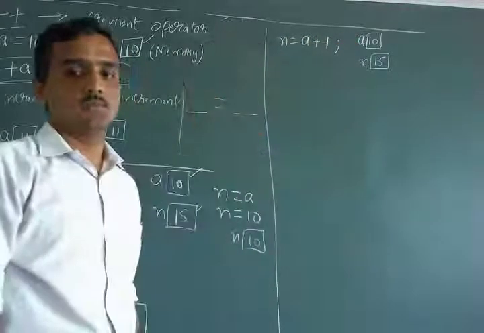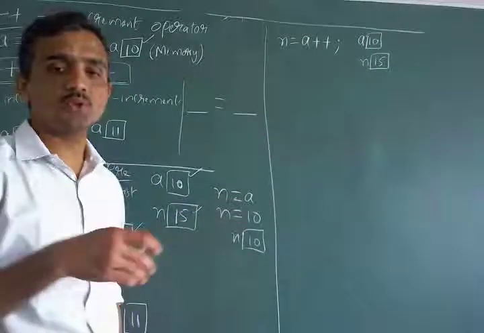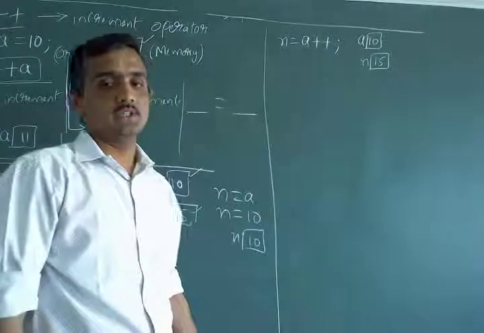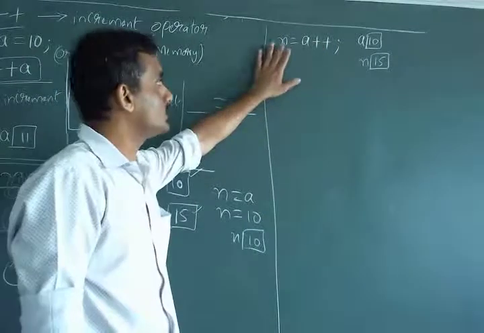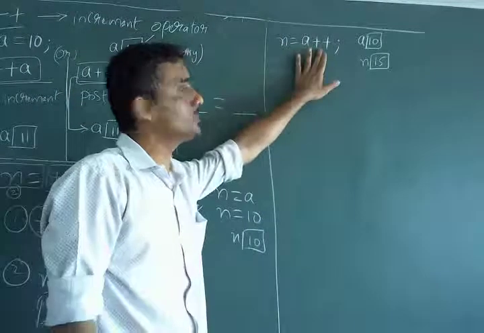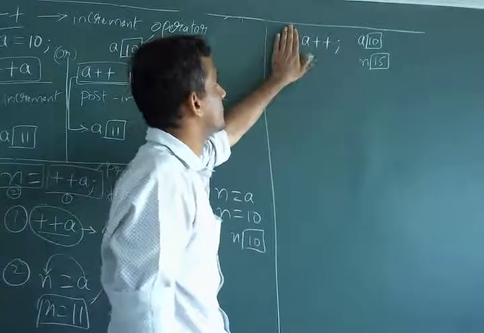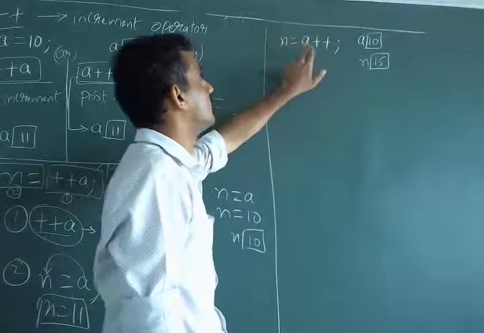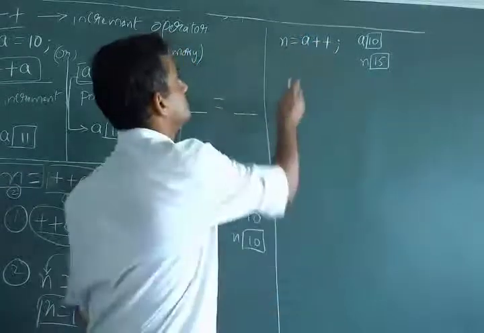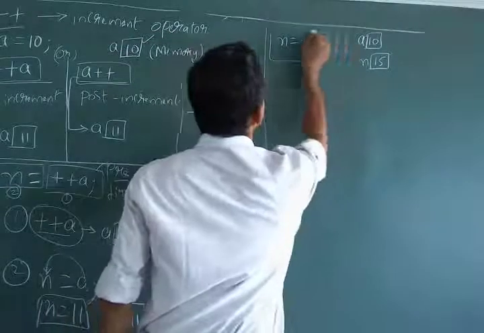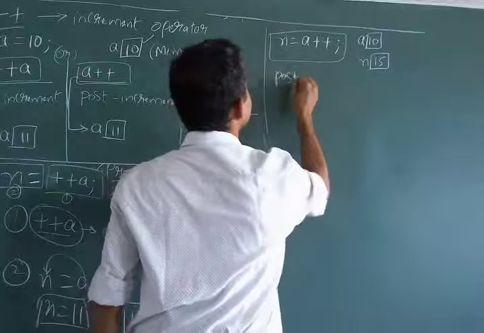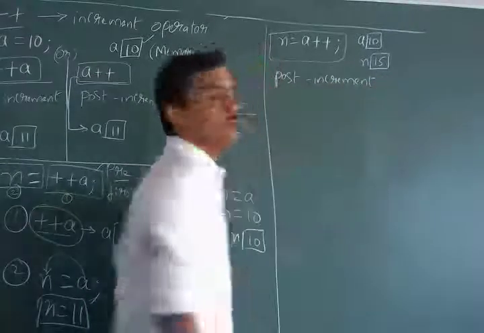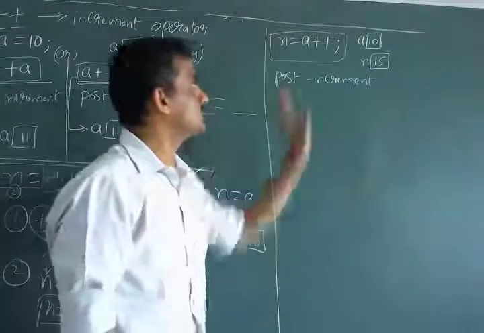Because if I want to make it as post increment, after the variable you have to write plus plus. See, if you consider with respect to n also, after n only it is present plus plus, but you don't consider with respect to n, only with respect to a you consider. After the variable a, it is plus plus. So this type of operations are called post increment operation. Post means after the variable is present.